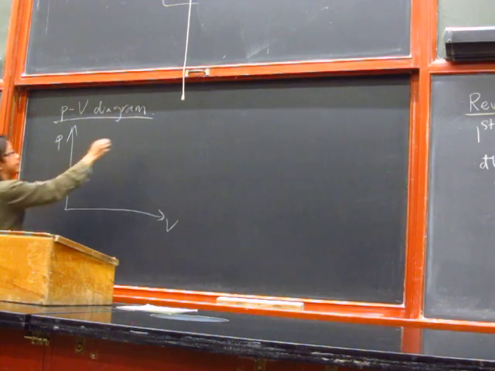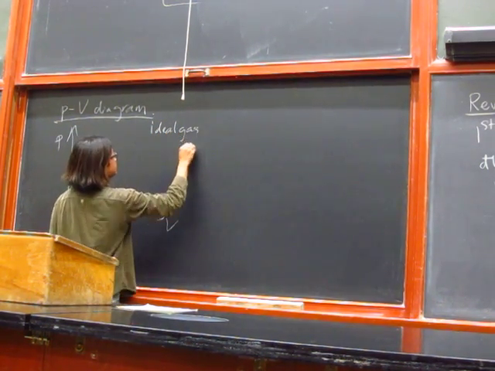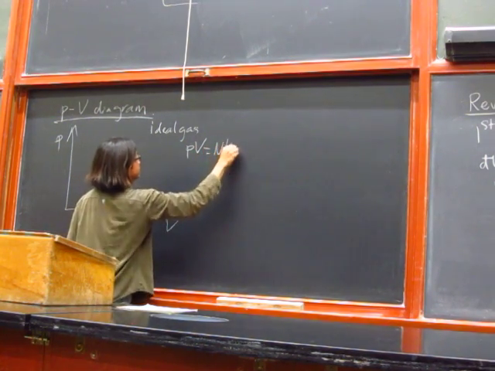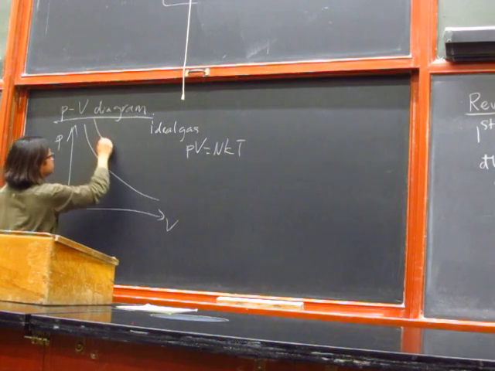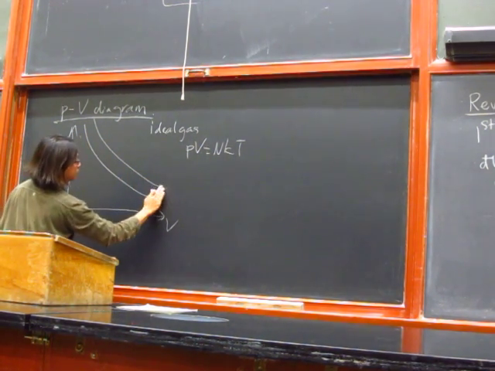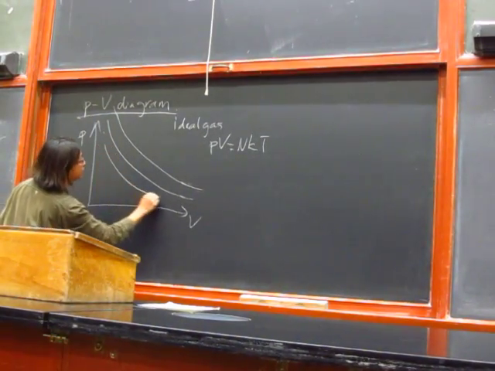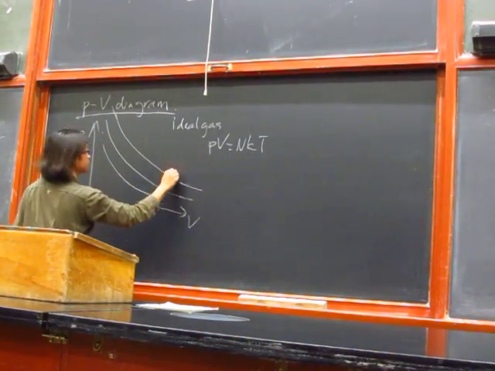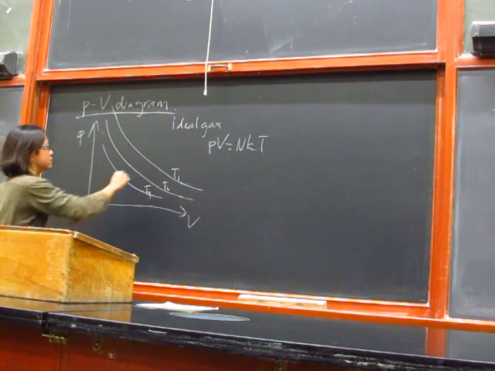And for ideal gas, PV equals NkT, which is the equation of state, you have an isotherm, right? You have a curve that looks like that. I'm not very good at drawing a graph. Okay, so this is T1, T2, T3. This is called an isotherm.